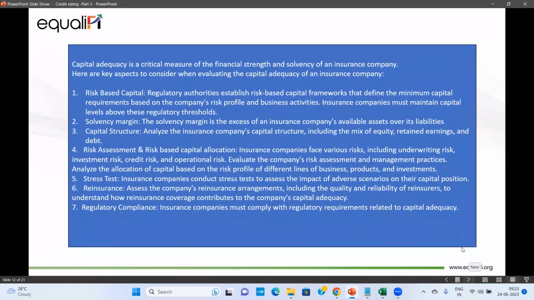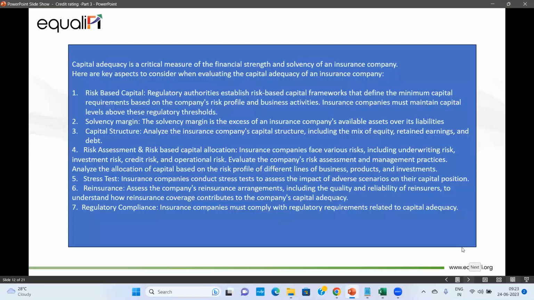That is extremely important. Regulatory authorities establish risk-based capital frameworks that define the minimum capital requirement based on the company's risk profile. You can relate to this situation. Say, for example, there is me and another person, Mr. X. We both have approached a finance company for a loan.